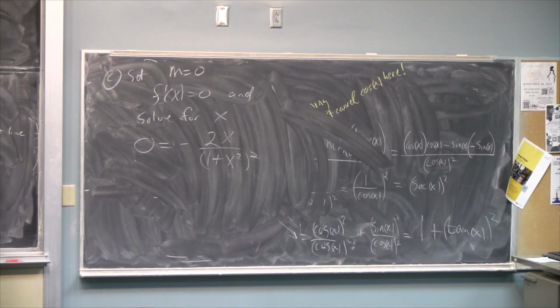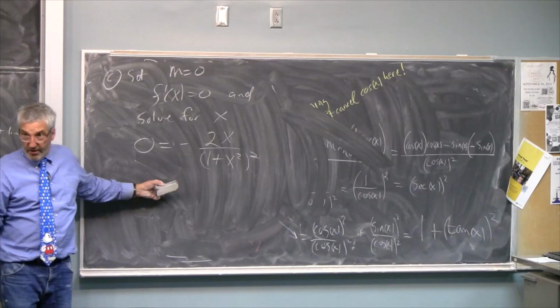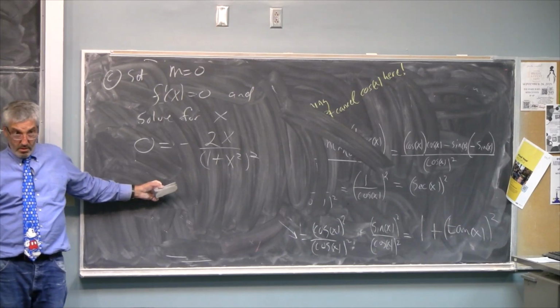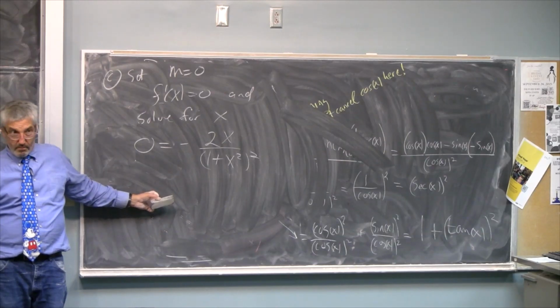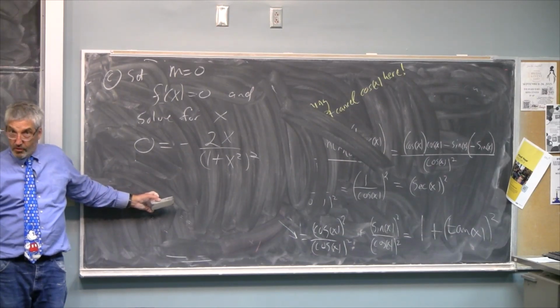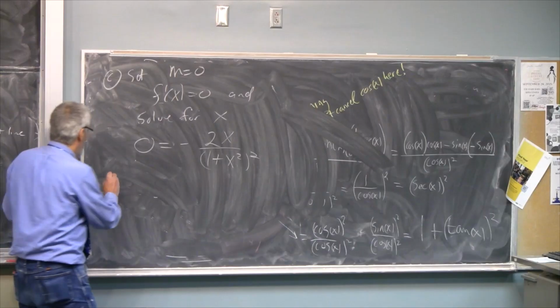Got one hand up. What has to be true for a ratio to be 0? The numerator must be 0.